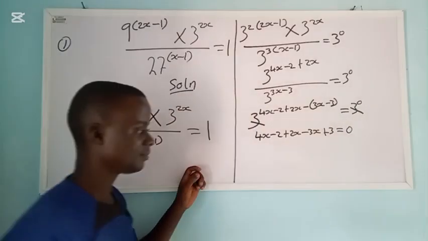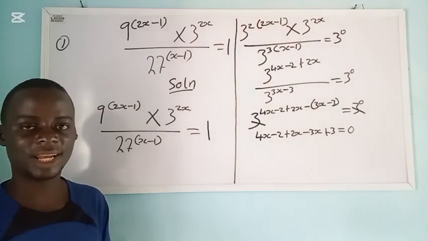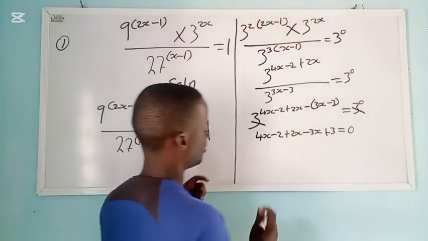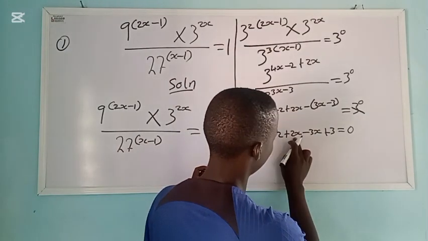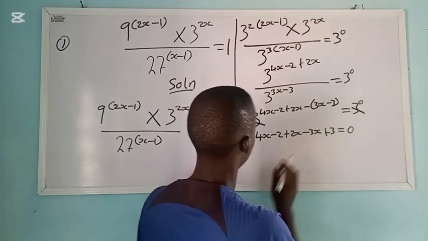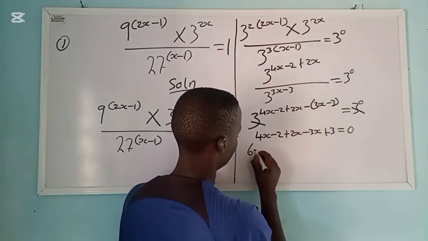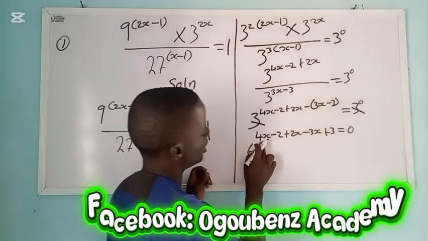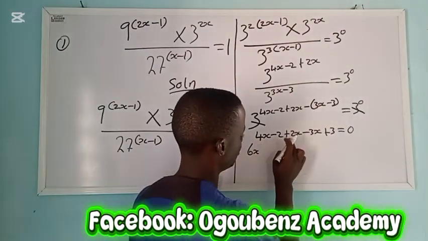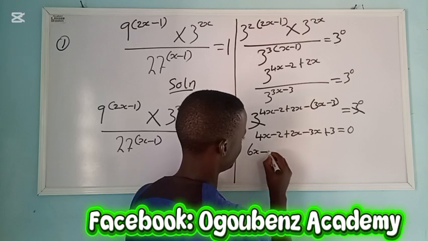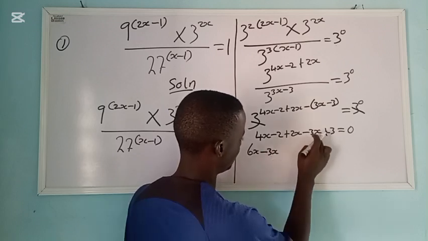So now what we'll do here is that we'll collect like terms. We have 4x here, we have 2x, and we have minus 3x. So we'll have 6x, because 4x plus 2x is 6x, minus 3x.